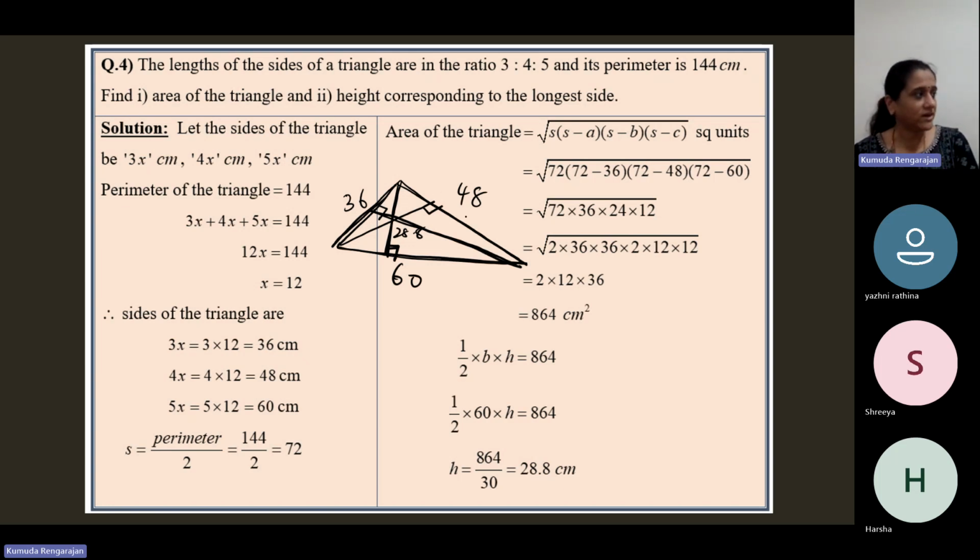There are three altitudes, right? 36 centimeters is the shortest side, but the altitude on it will be the longest. Here they've asked for the height corresponding to the longest side, so take 60 as the base.